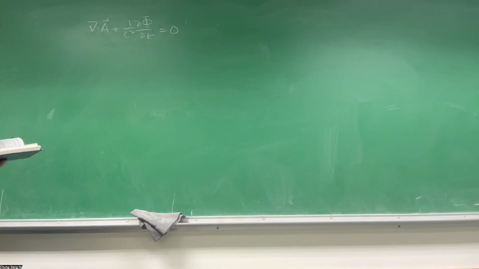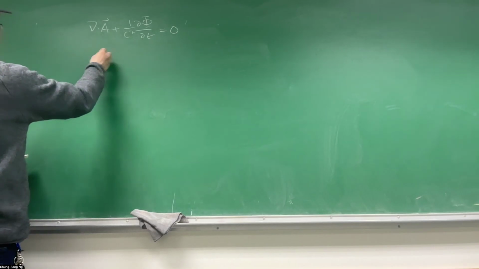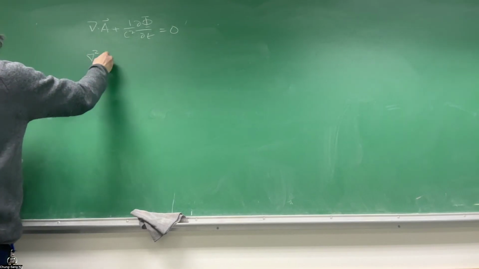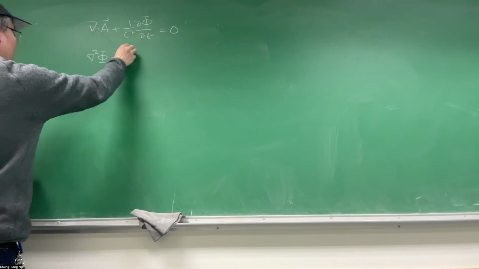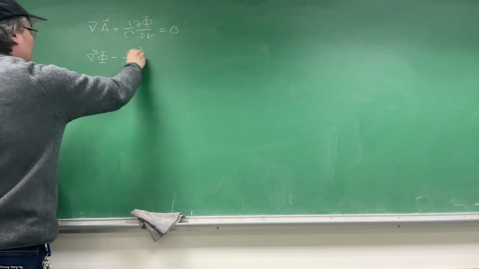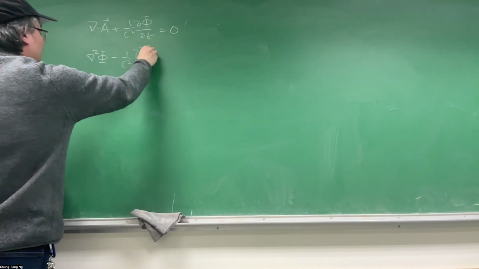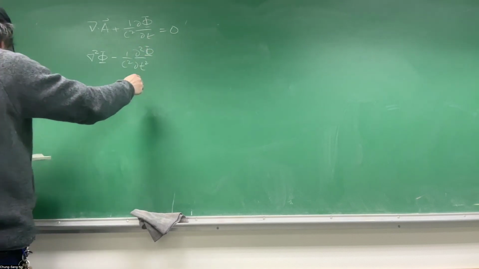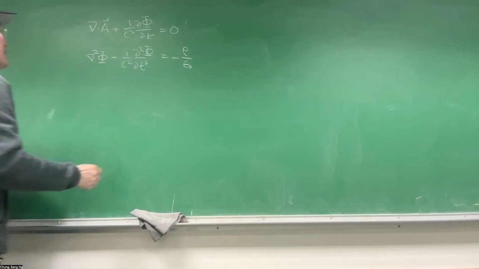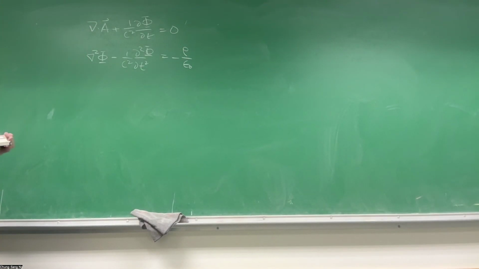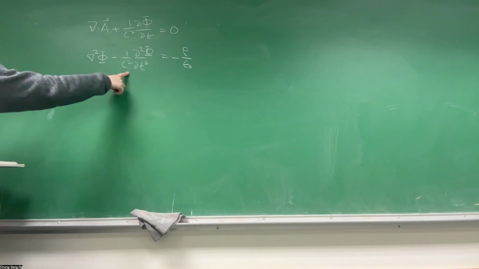If you choose the Lorenz gauge, then all the equations depend on the same operator acting on phi. It is a generalization of the Poisson equation where you add an extra term.